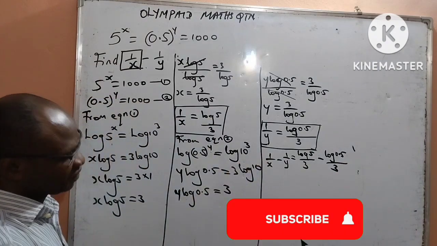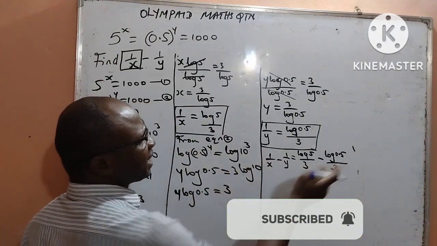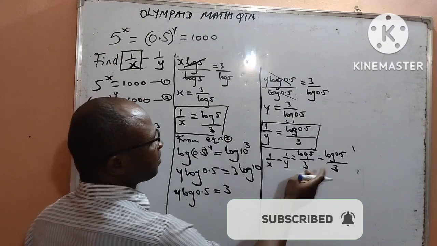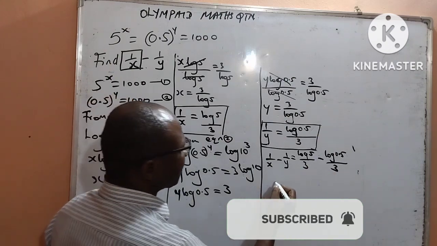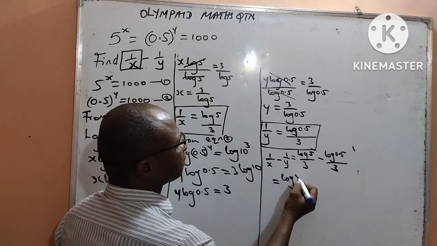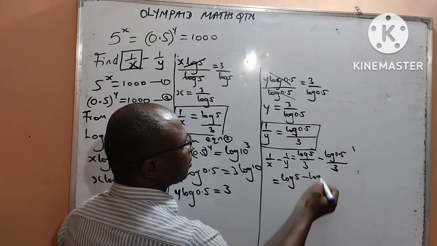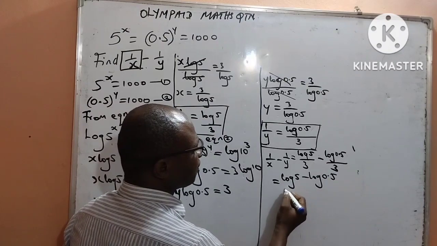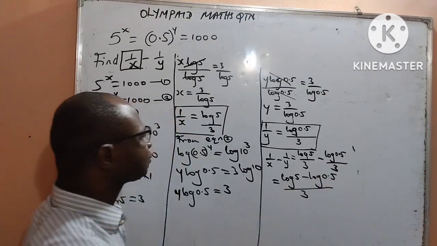If I work on this, they have like fractions. The denominators are the same. Therefore, I can write it as log of 5 minus log of 0.5 all divided by 3.